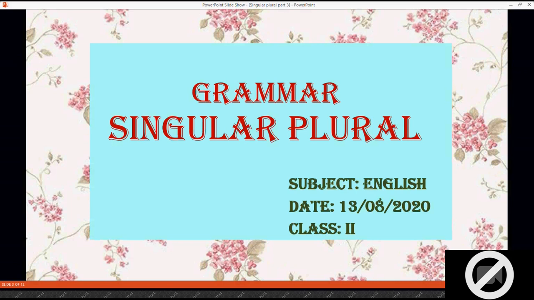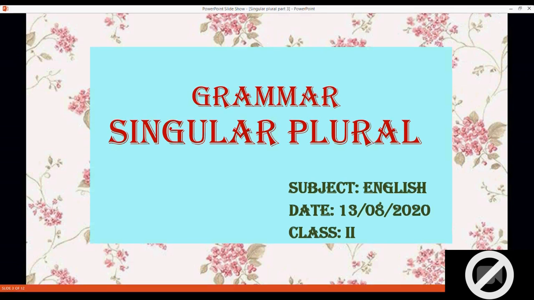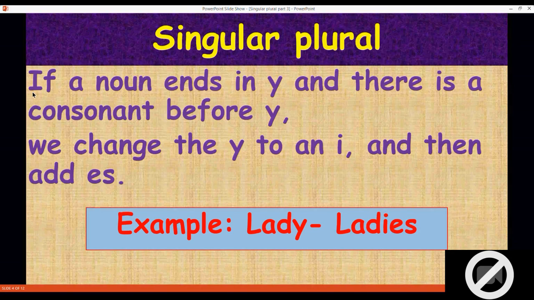That is what we learned in our last class. So today we are going to learn a slightly different rule in singular and plural. So listen carefully.